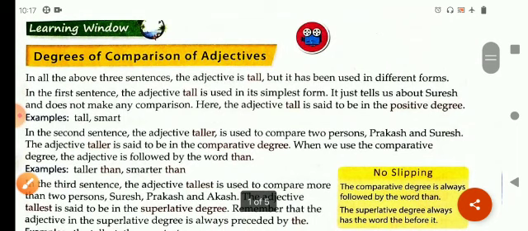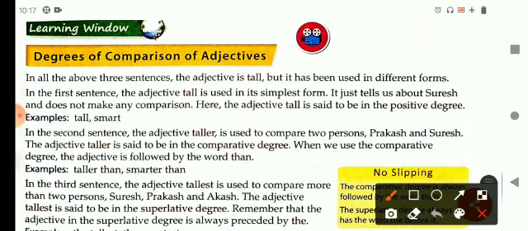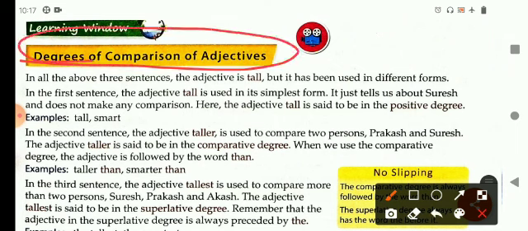Now children, these are called degrees of comparison of adjectives. As you have seen, in all the above three sentences, the adjective is tall, but it has been used in different forms.